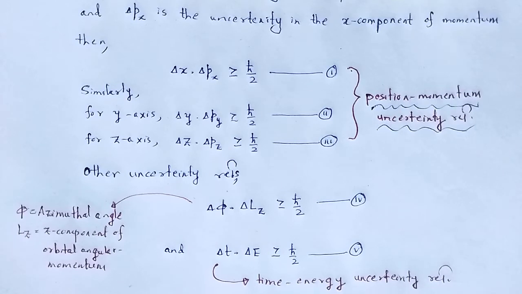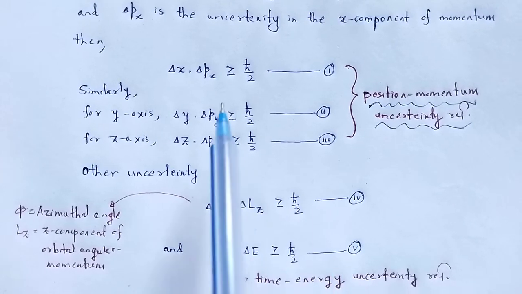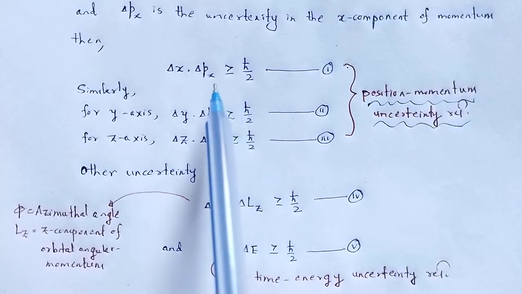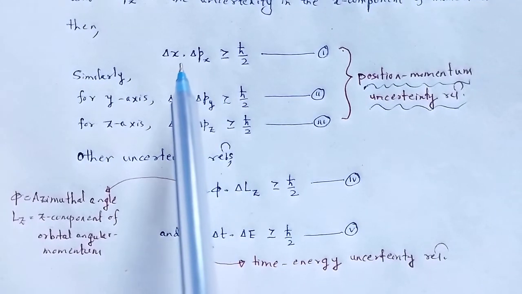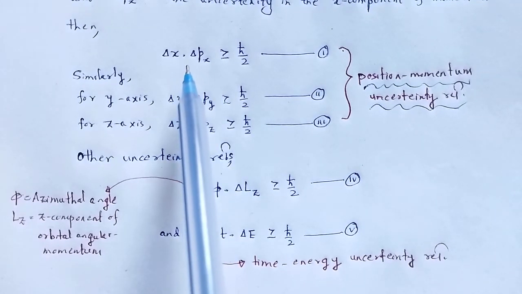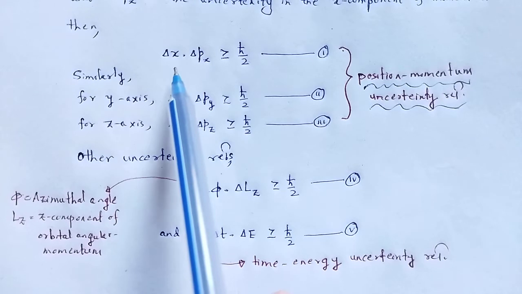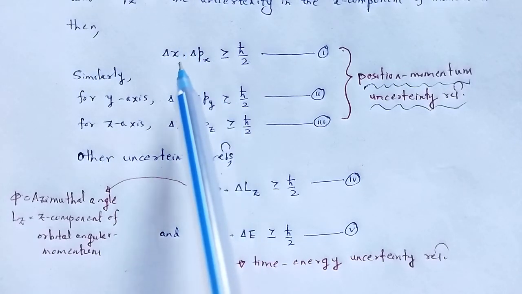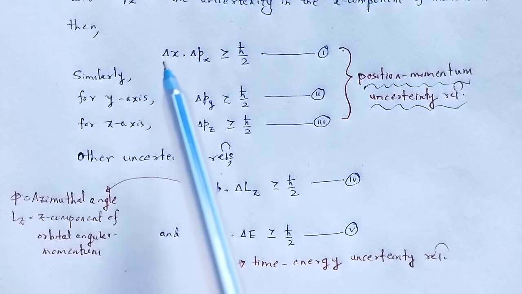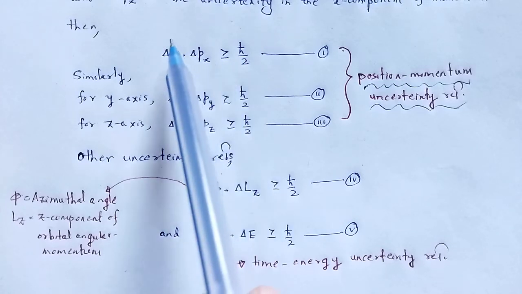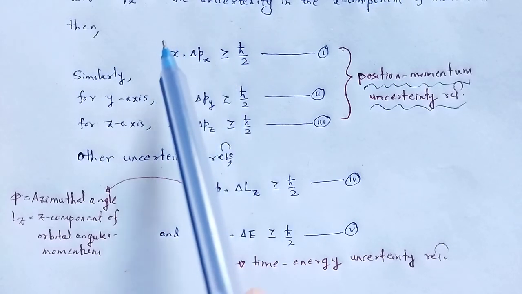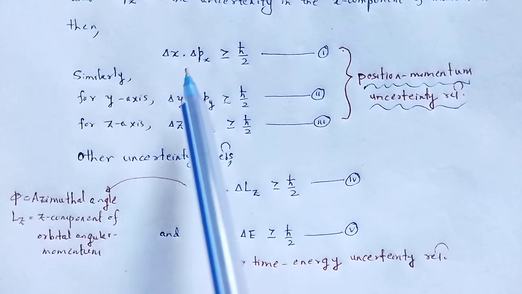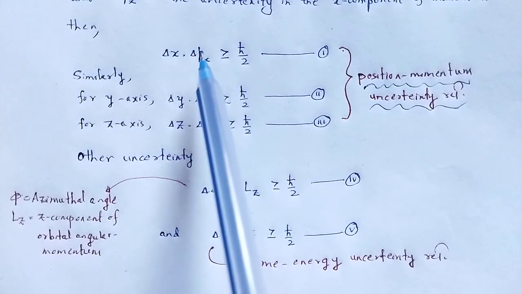Look here, what is the physical meaning of these uncertainty equations? From equation 1, if one measures the x coordinate of the particle with 100% accuracy, that is del x will be 0, the uncertainty in position will be 0, then del px tends to infinity.